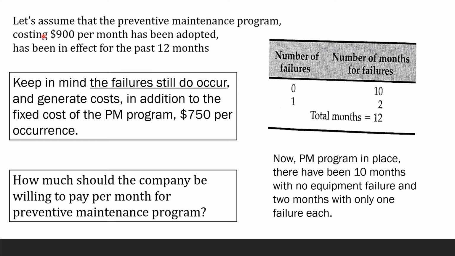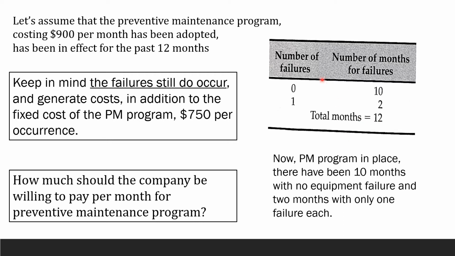So you have a regular cost running the PM, and you have a cost to repair if the failure happens during the preventive maintenance period. Period meaning time. You're running 12 months of PM and you spend $900. If you have one failure, you spend $900 plus $750.